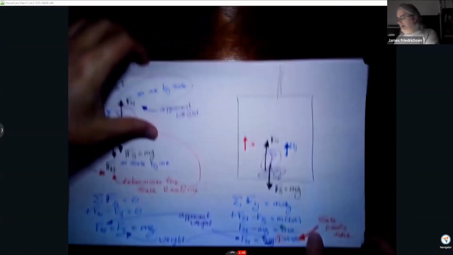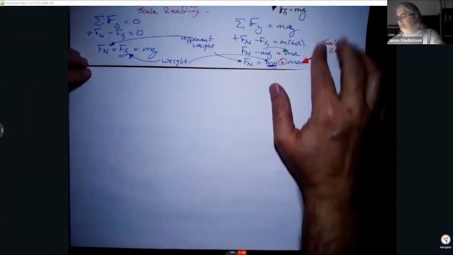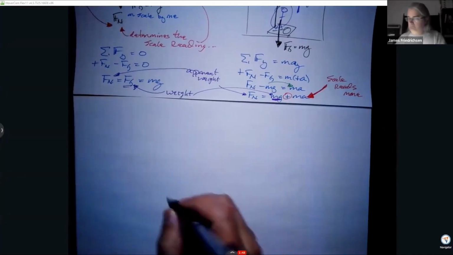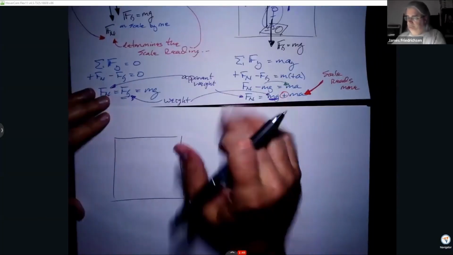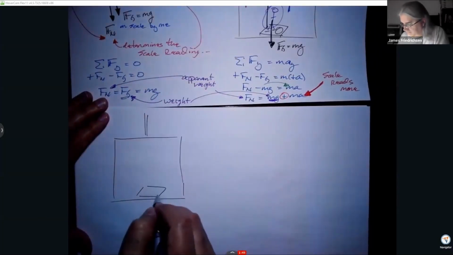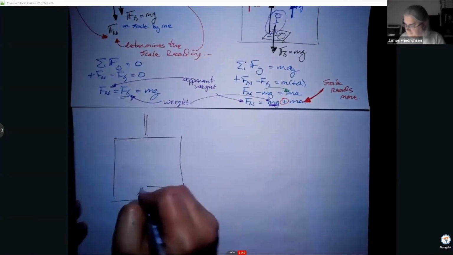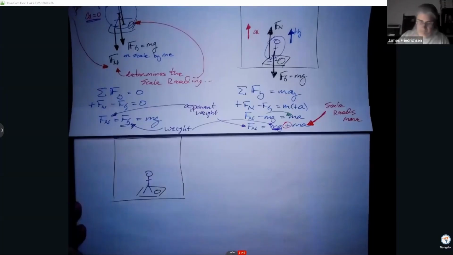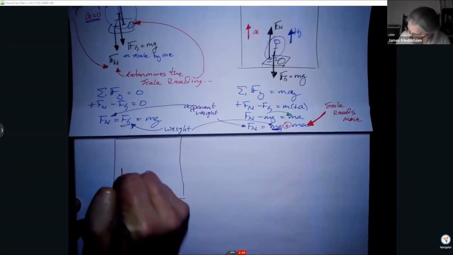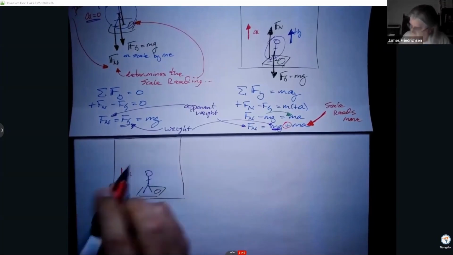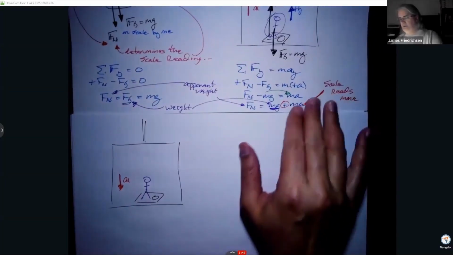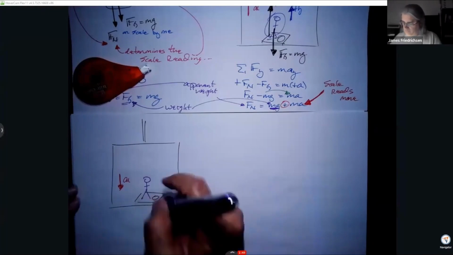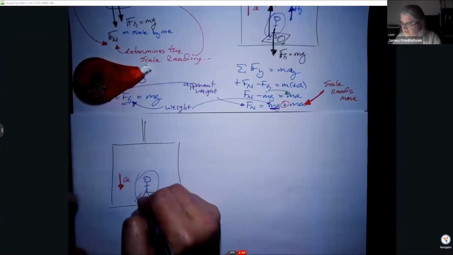Well, then there's one more case, which is what happens if we're in the elevator, standing on our scale like everybody does, and we accelerate down. Once again, my object of interest is going to be me. I'm going to indicate the forces acting on me.